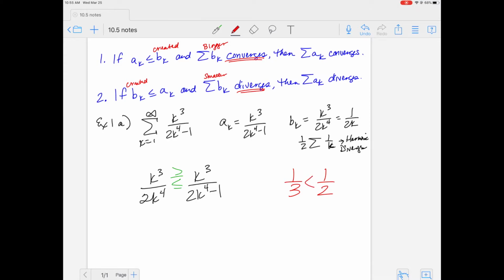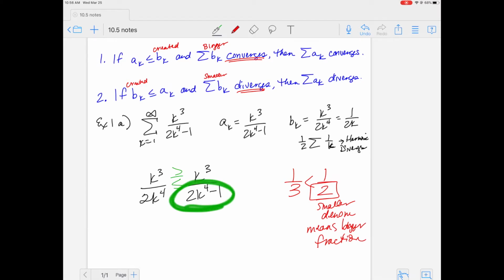If I have a smaller denominator, that means I have a bigger fraction. Of these two, 2k to the 4th and 2k to the 4th minus 1, which one is the smaller denominator? Because I'm subtracting 1, right? So because I'm subtracting 1, I know the one on the right is going to be my smaller denominator, telling me that my symbol goes like this.